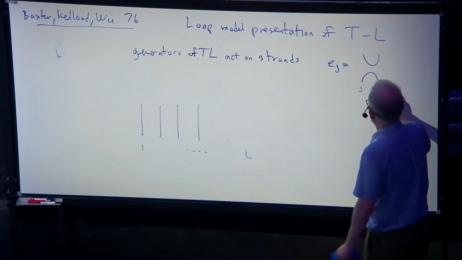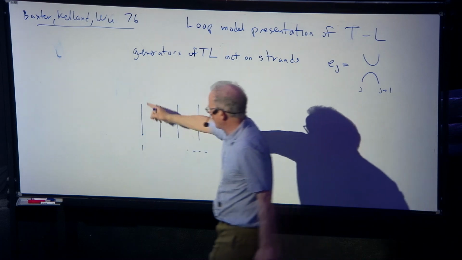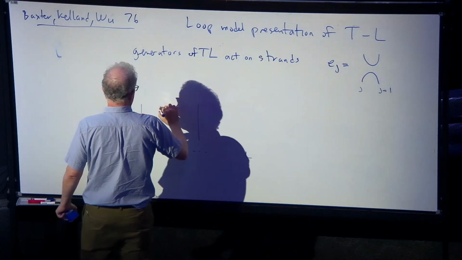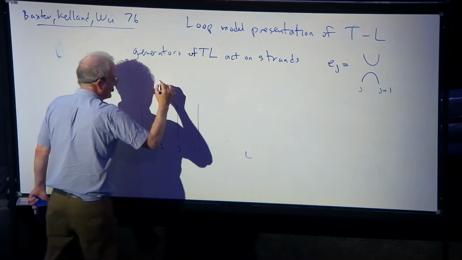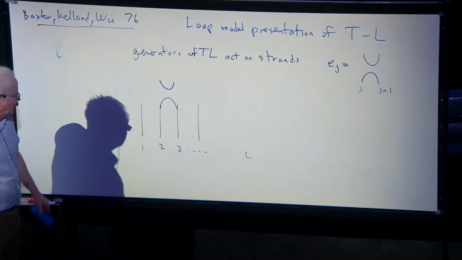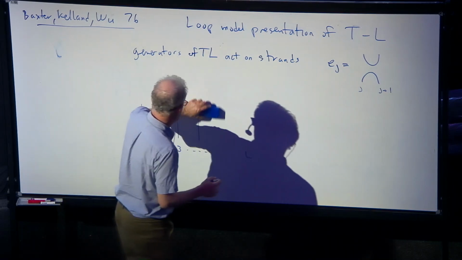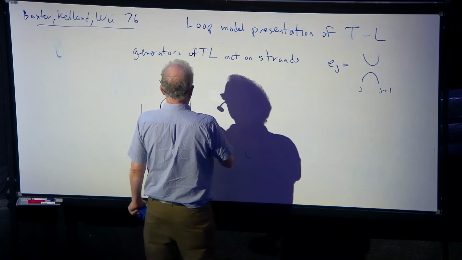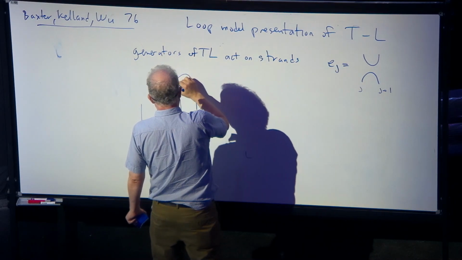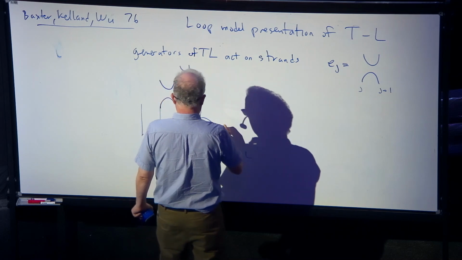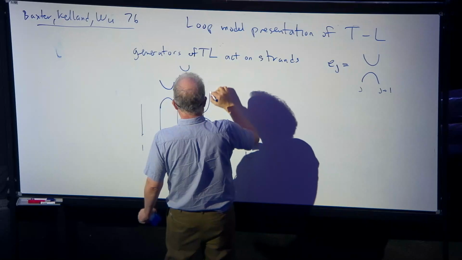So this is the jth strand, and this is the j plus 1th strand. These are a bunch of strands, and when I act with E, say this is E2, what it does is fuse those two together and then recreate two new ones. Okay, and then we can do this, and do that. So this would be 4, 5.